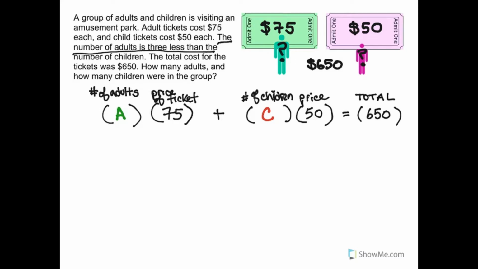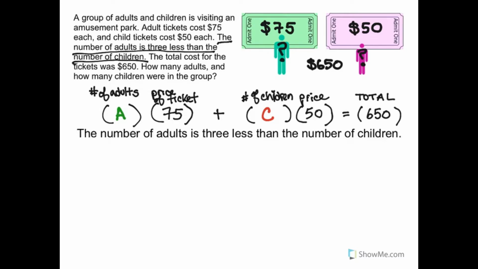The number of adults is 3 less than the number of children. If I translate this sentence, it says the number of adults, A, equals 3 less than the number of children. So whatever the number of children is, 3 less than that is the number of adults, C minus 3.